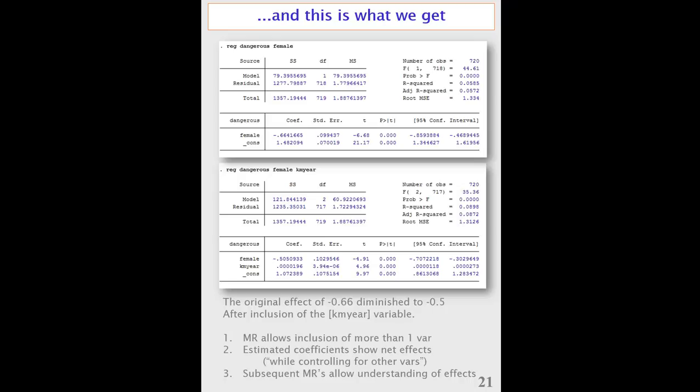Okay, so the other thing to get from this, besides that you can make this list way longer, is that you can get some of the information of what's going on from running subsequent analyses. The fact that I here see, yes, kilometers per year explains away a little bit of the difference between males and females. For that to be included, I need two regressions, one here and one there, so that I see that the effect that was there in the beginning is now diminishing as I keep adding variables.